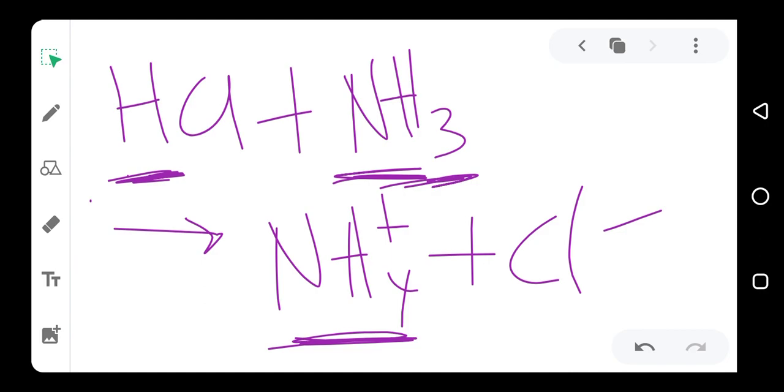So because this HCl has donated hydrogen ion, we can say that it has donated a proton, and this ammonia has accepted the hydrogen ion, which means that it has accepted a proton. So the ammonia is now acting as a base, while HCl is acting as an acid.